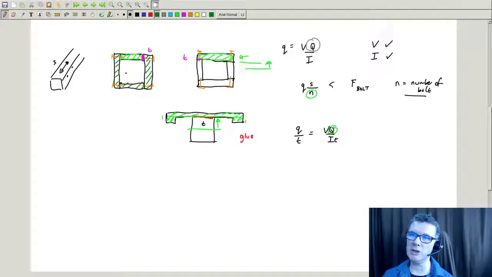And you can imagine that the dark green is trying to shear away from the light green, and that would then be the Q that you're looking for. Your T would still be the same, but obviously that doesn't really make sense, because you're having to work out various sections to work out what that Q is. So it's not a brilliant idea.